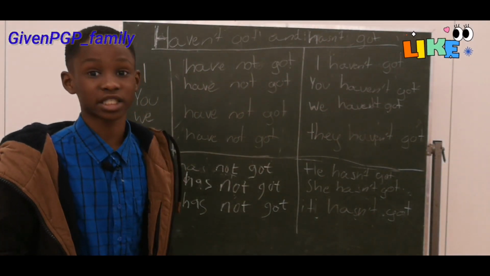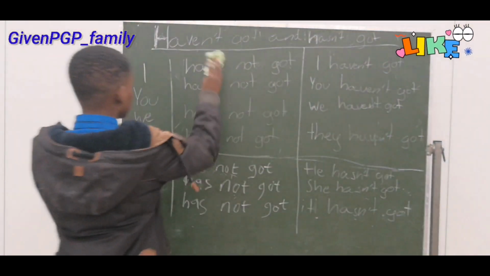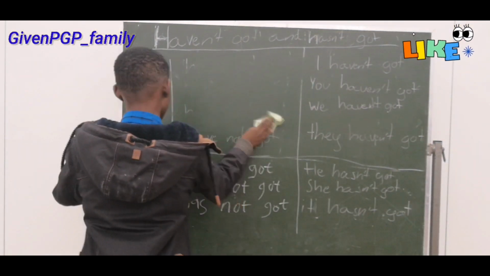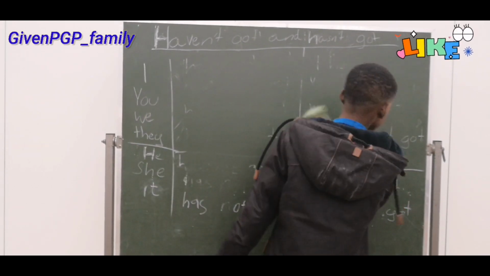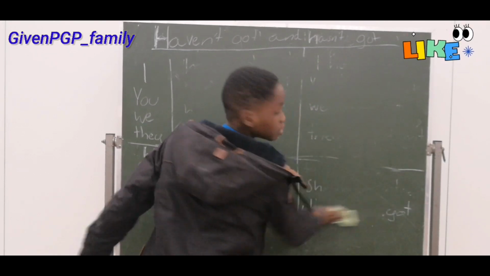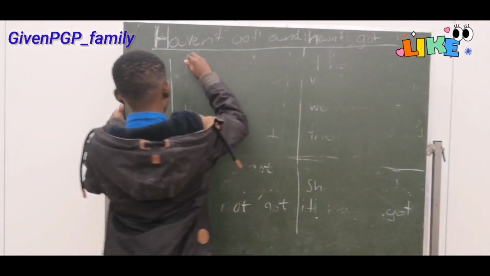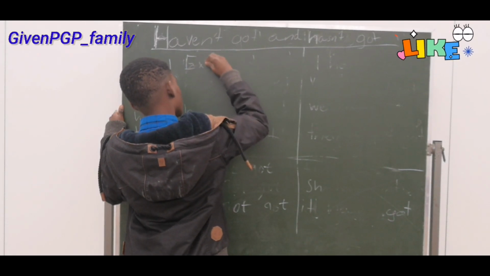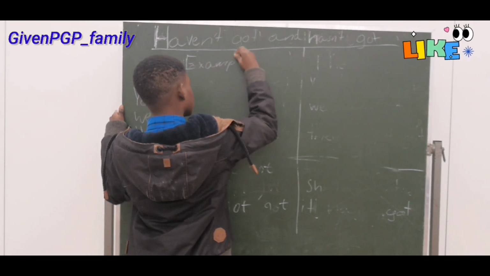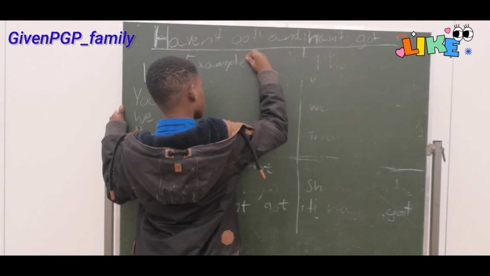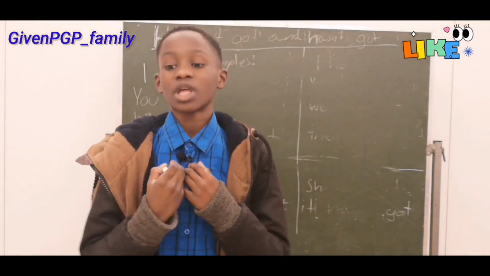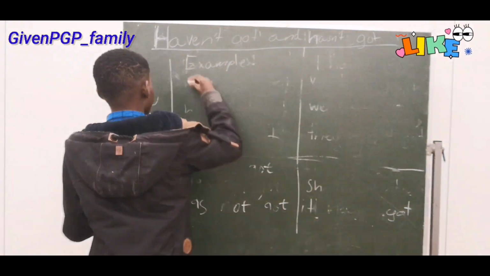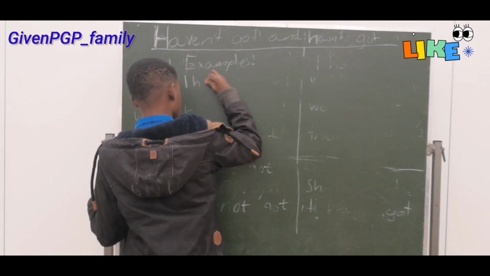So let's make some examples. For example, I haven't got a brother. That would be the short form.